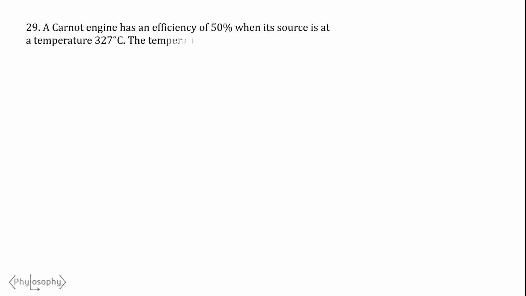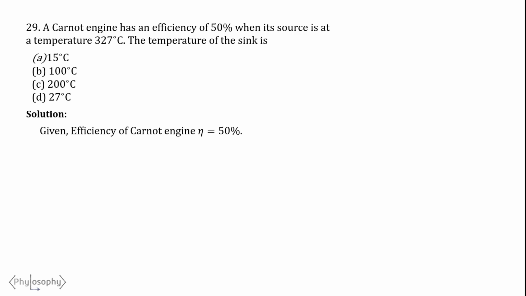Now our next problem is, a Carnot engine has an efficiency of 50% when its source is at temperature 327 degrees Celsius. The temperature of the sink is, and these are the four options. So it is given that the efficiency of the Carnot engine is 50% and the source temperature, which is T2, is equal to 600 Kelvin.